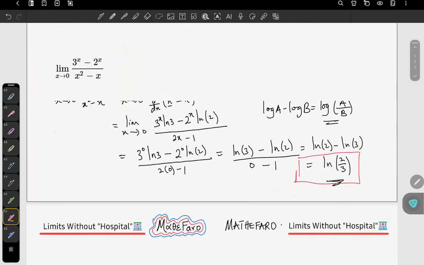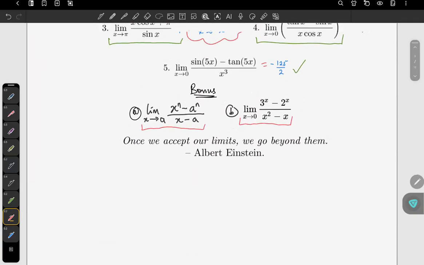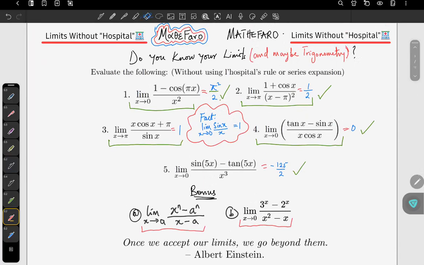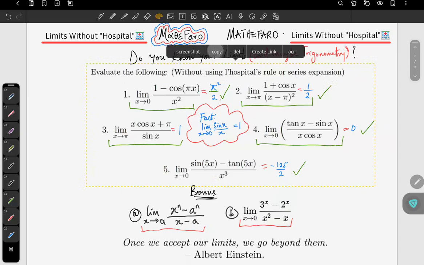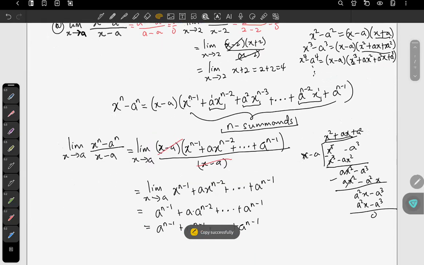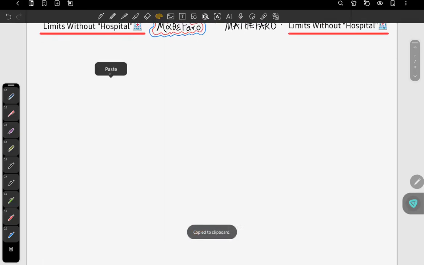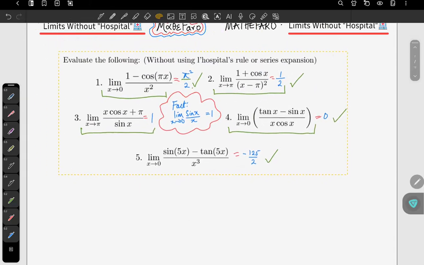So very quickly, let us now attack these limit questions one by one. Let me copy everything that we have here.